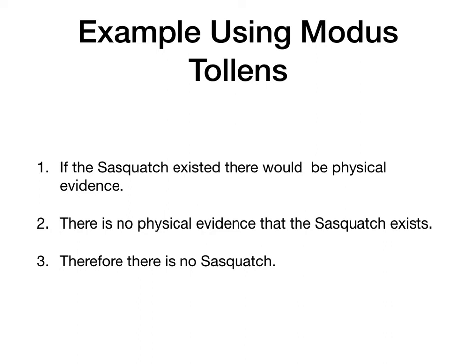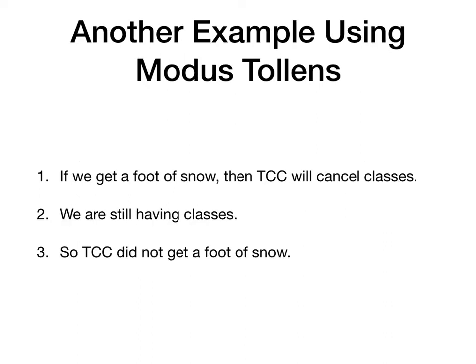To make it clear why this is a valid form of argument, let's go back and look at a slight variation on what we looked at before. If we get a foot of snow, then TCC will cancel classes. Getting that much snow is not the only thing that will cancel classes, but it'll definitely do it. Well, if we are still having classes, we didn't get a foot of snow.